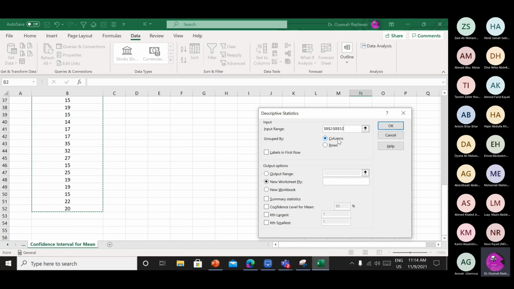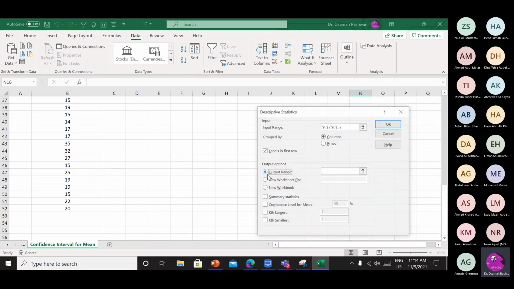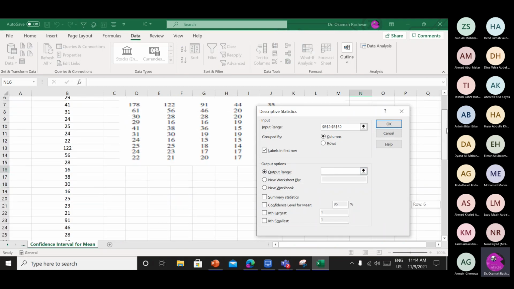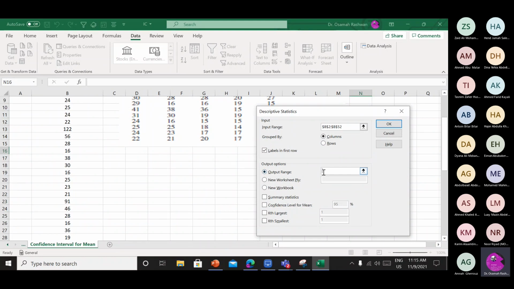Next, it is in column, yes. Labels, yes, because I have a name in the beginning of this one. And I'm looking for the output in the same sheet, so I'm choosing the first choice, Output Range. And I can click in any empty space enough to have my results.